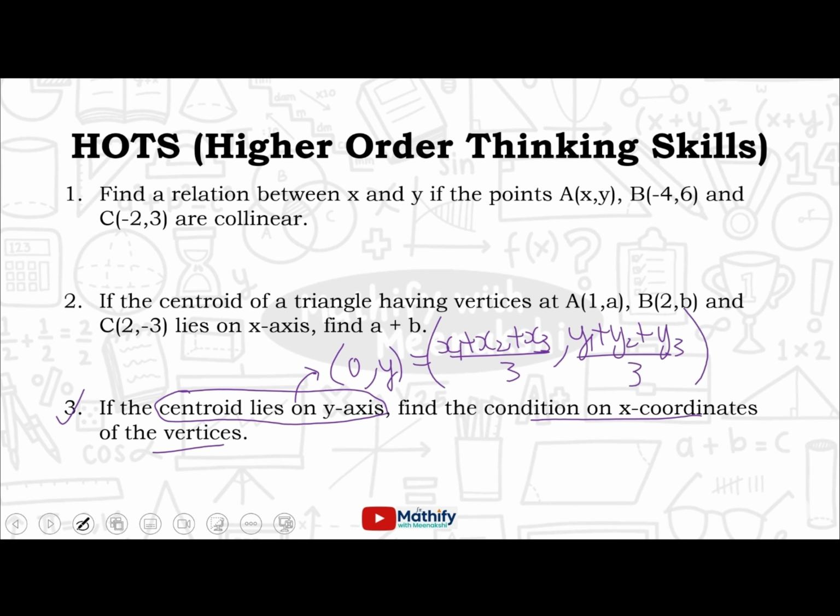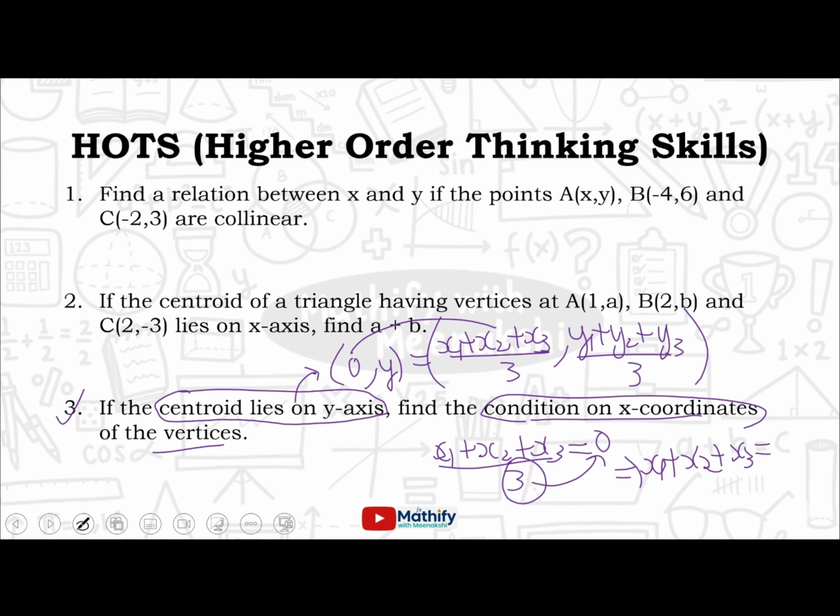Because you have to just find the condition on the x coordinates, we'll equate only the x part. So we get x1 plus x2 plus x3 by 3 is equal to 0. When you transpose 3 to the other side, you get x1 plus x2 plus x3 is equal to 0. So that's your final answer. That's the condition on the x coordinates, that their sum is 0.